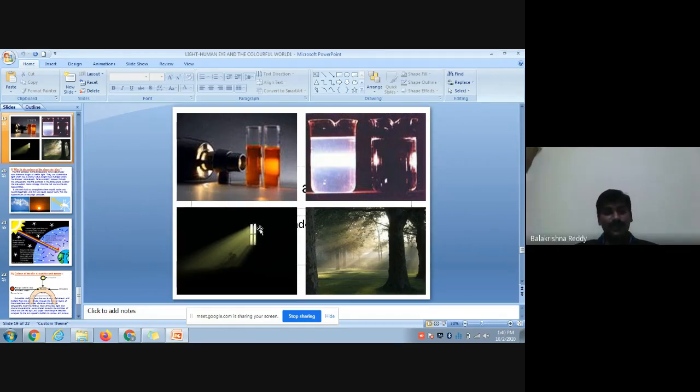So through the dust particles, the light rays are coming and you can see so many dust particles in that. This is by the scattering of light only that you can notice. The dense forest, a fine beam of light rays coming between the tree branches and leaves, is also an example of scattering of light and the Tyndall effect.